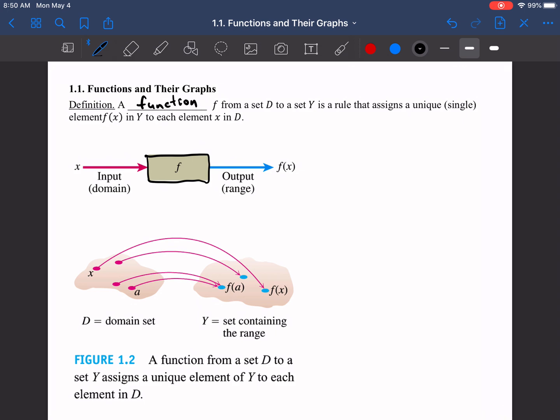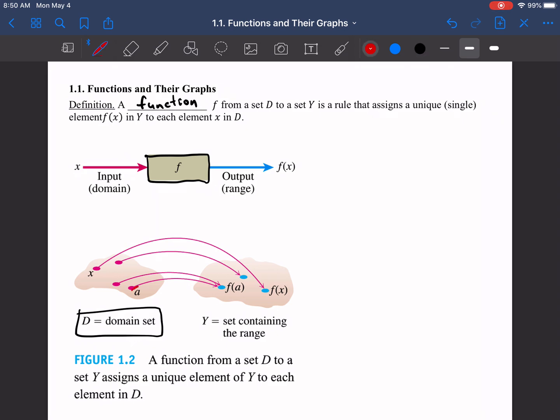We're going to give it some sort of number or numbers, and it's going to output a different set of numbers, or even vectors later if you go far enough into the math here. So basically what we first have is a domain set. That's this over here. This is all your possible inputs, and then they are each going to map.